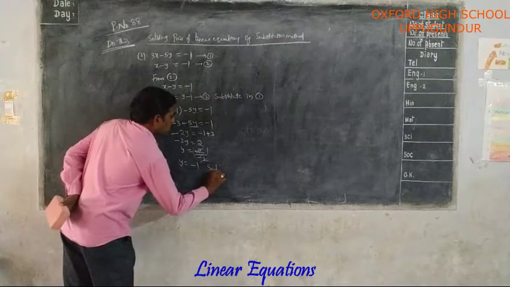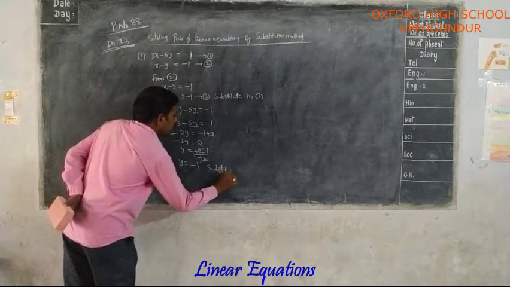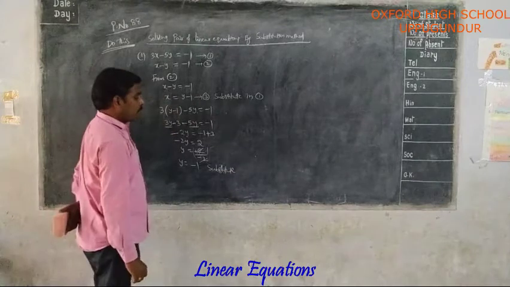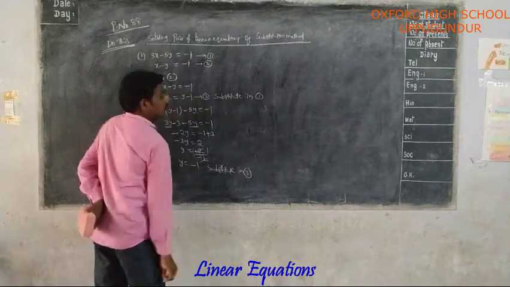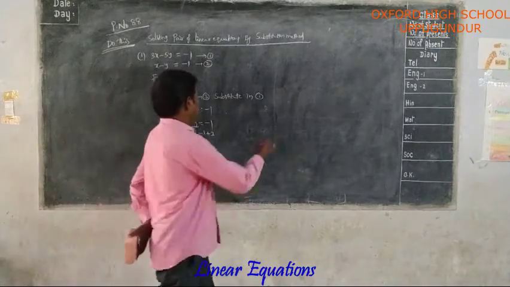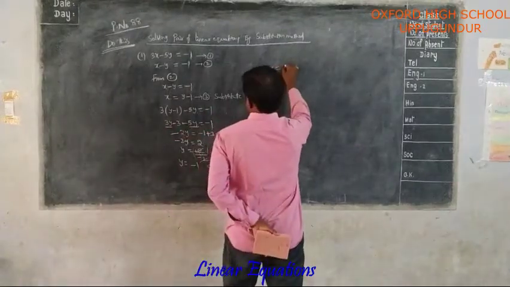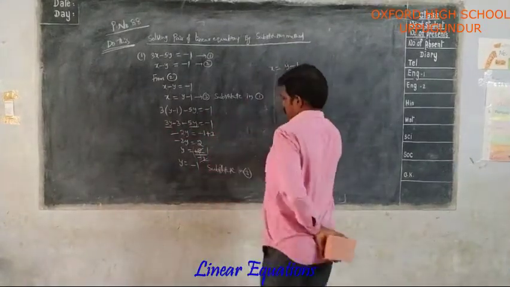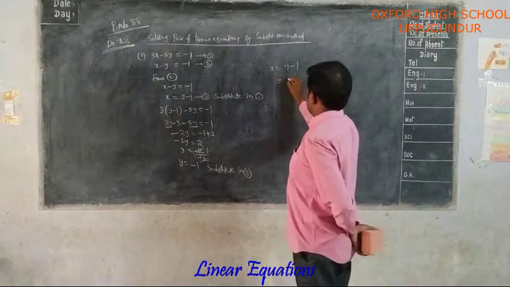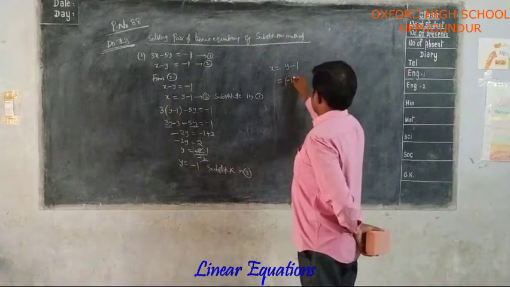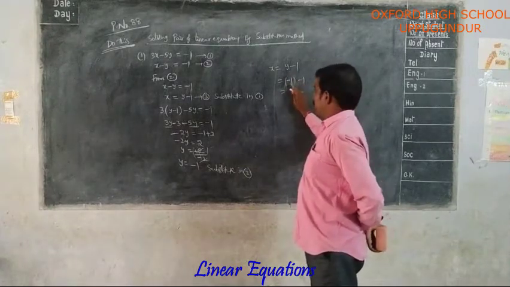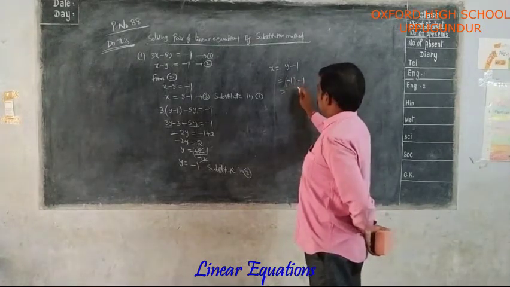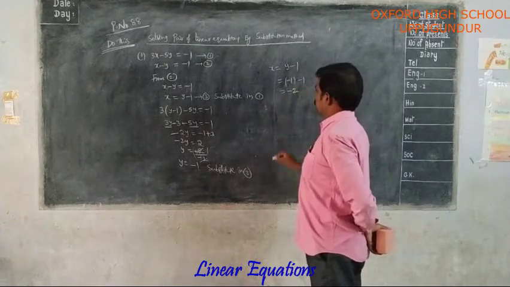Now substitute this y value in equation 3. What is equation 3? x equal to y minus 1. What is the y value? Minus 1, minus 1. Both have the same signs, so we have to add. Minus 1, minus 1, minus 2.